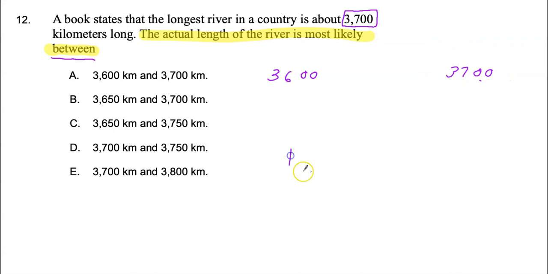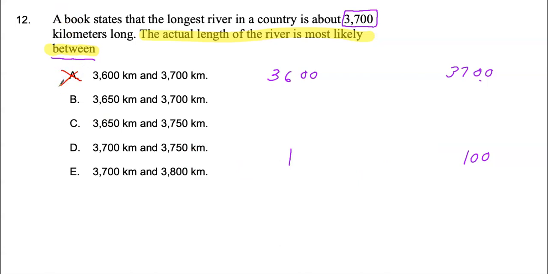Again, think of 1 and 100. If I said pick a number between 1 and 100, you wouldn't use 1 and you wouldn't use 100. You'd pick numbers between it. Same concept here. If I said pick a number between 3,600 and 3,700, it could not include this number or this number. So 3,700 can't be between 3,600 and 3,700. It doesn't make sense. So A's gone.